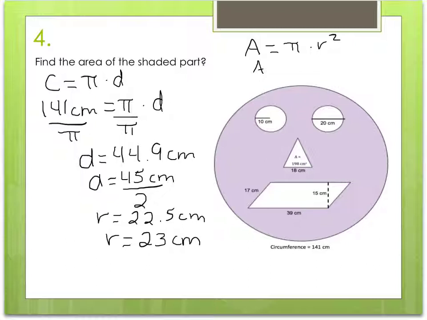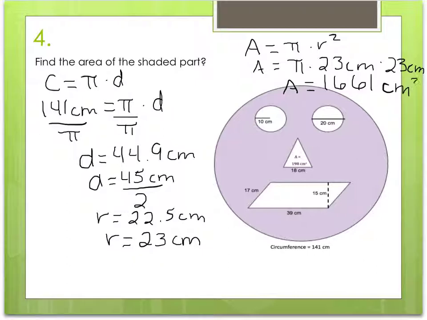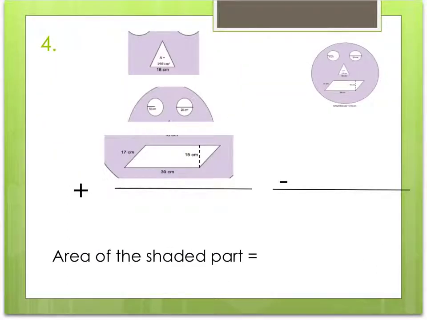So area is equal to pi times our radius, or 23 centimeters, by 23 centimeters, which gives us an area equal to 1,661 centimeters squared.